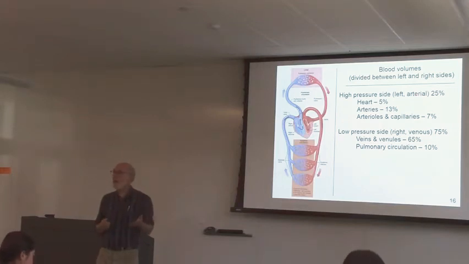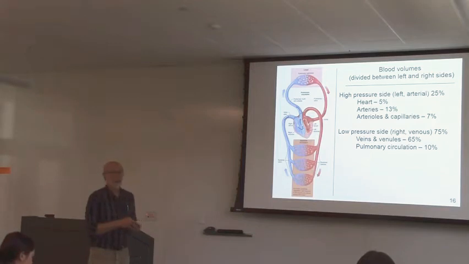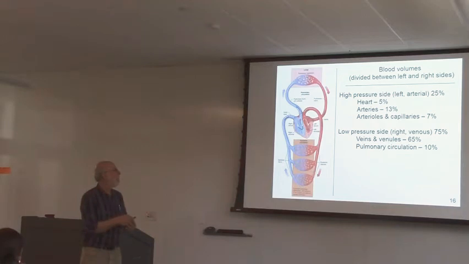At any given time, about a quarter of your blood is in the left systemic circulation. A quarter of the systemic blood, not the pulmonary blood, is in the arterial side.